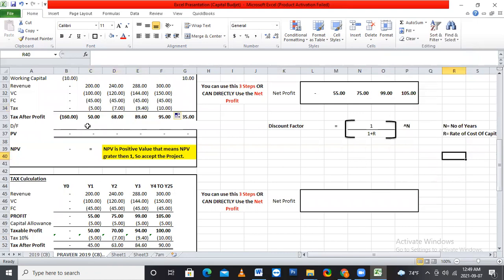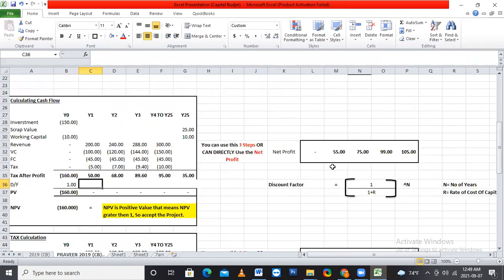Okay, we want to calculate the discounting factor. We all know in year 0 the discounting factor is 1, and for the first year I'll show the formula of the discounting factor. Here n is the number of years, r is the rate of cost of capital.